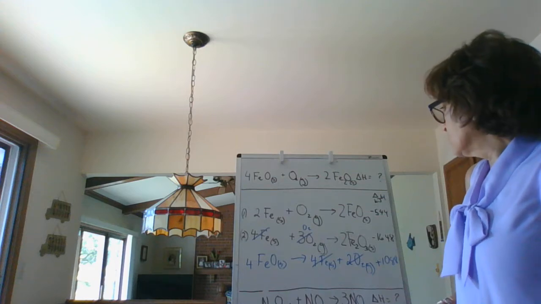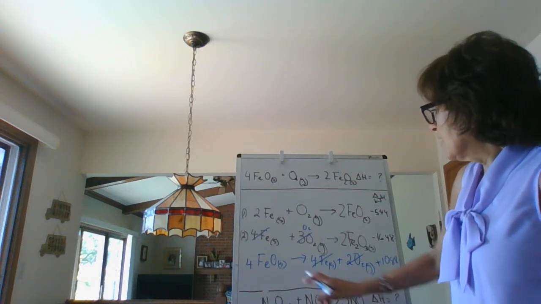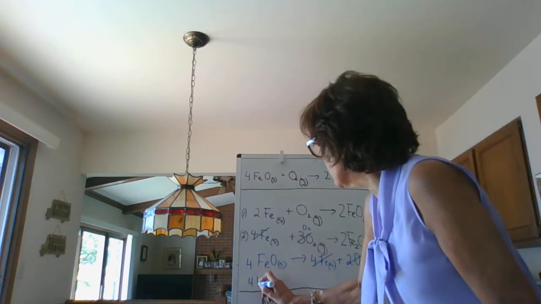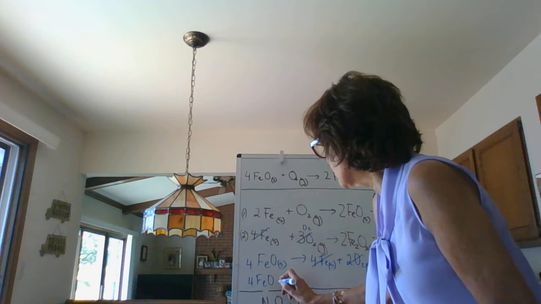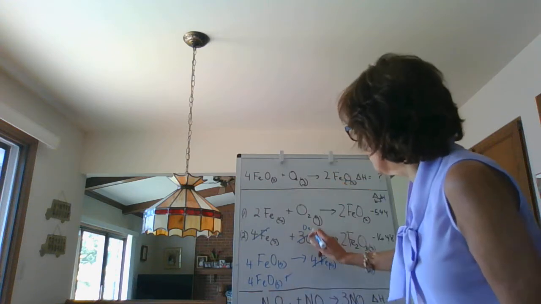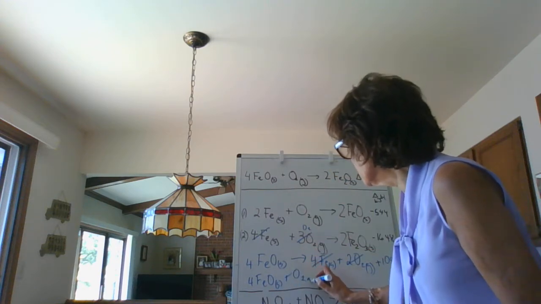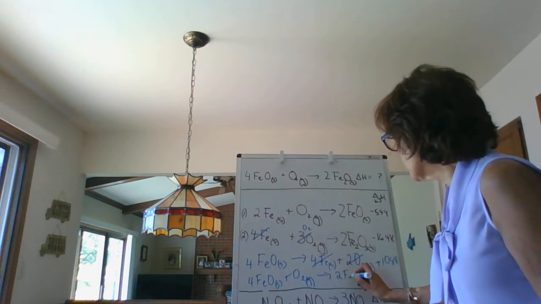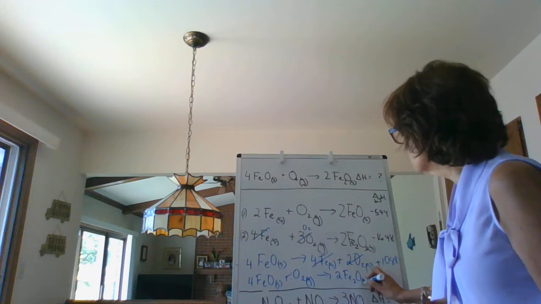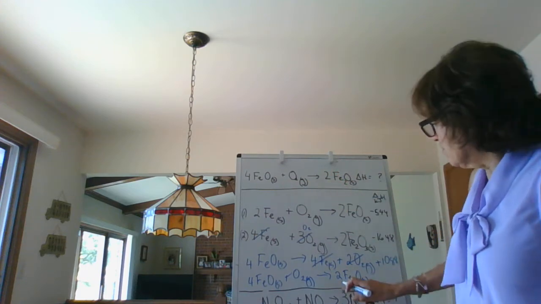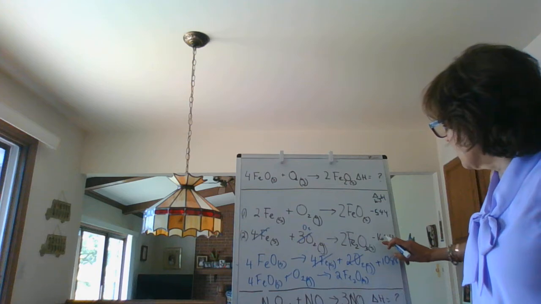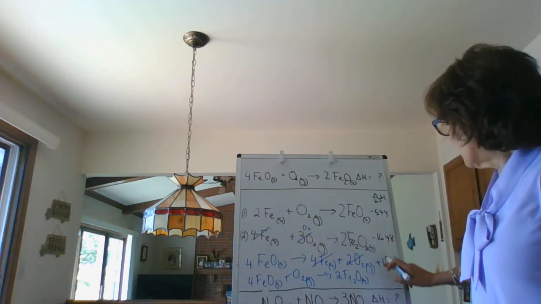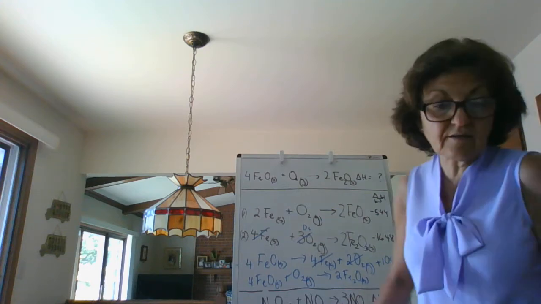Great. So if we add this to this, we'll have 4 iron 2 oxide plus 1 oxygen will give you 2 iron 3 oxides, which is exactly what we want over here. So now all we have to do is take the minus 648 and add it to the positive 1088.